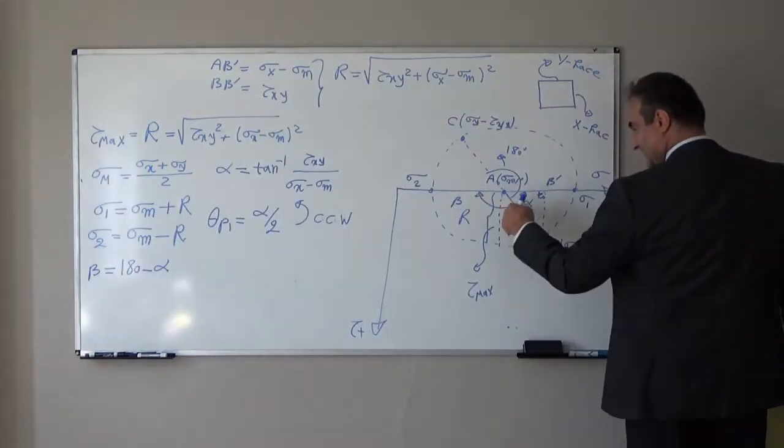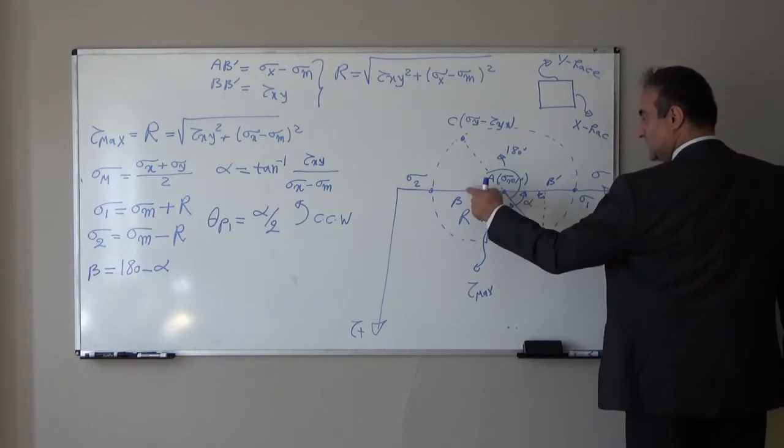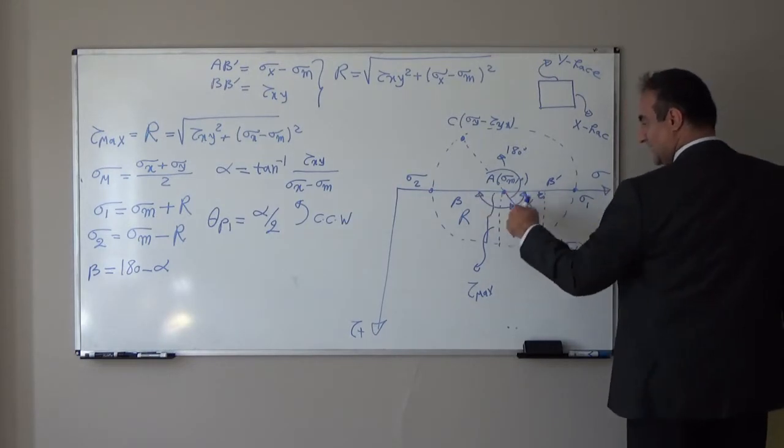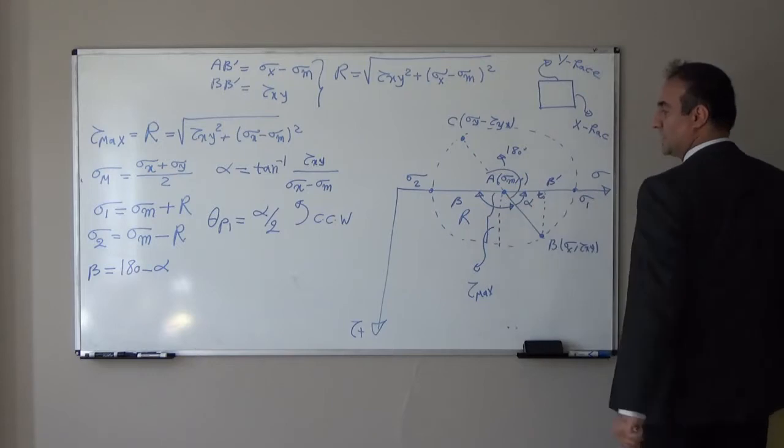This angle is beta, the entire angle 180 degrees minus alpha.